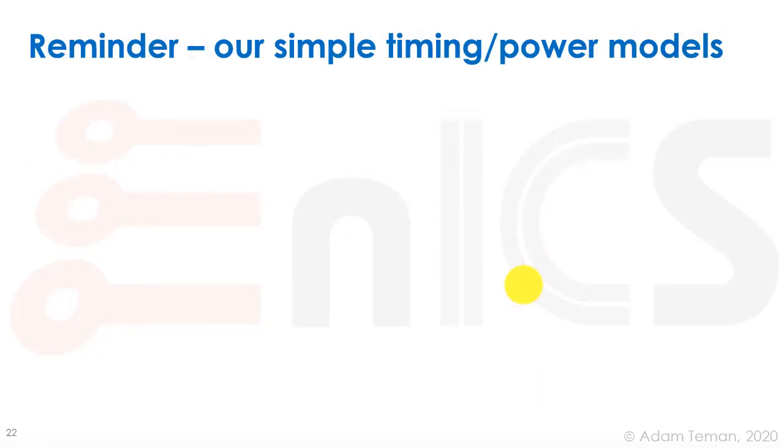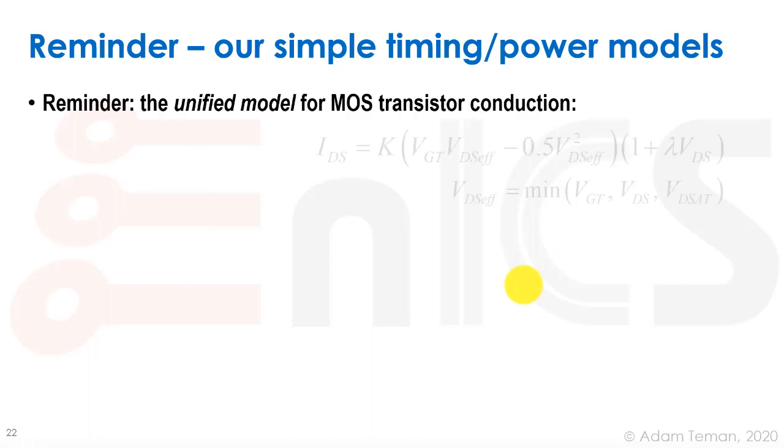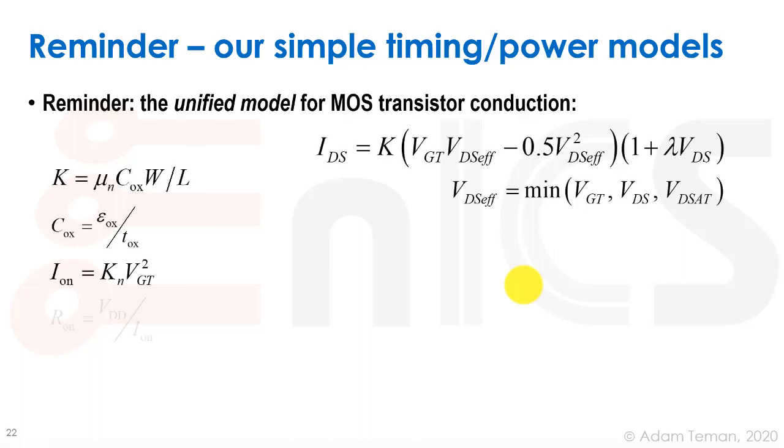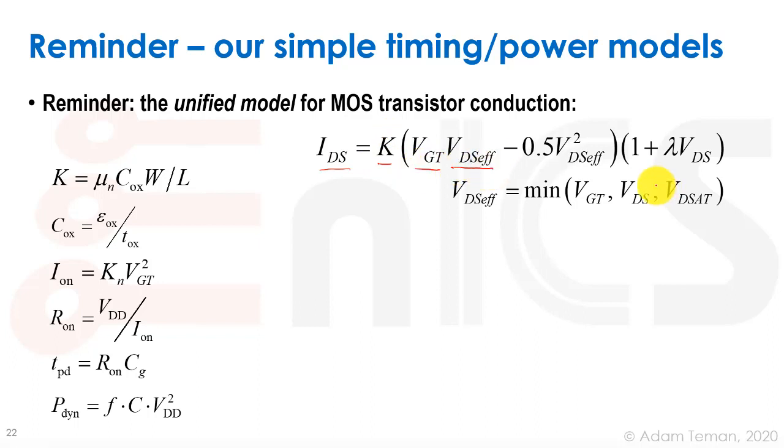To see how our model is going to work, I just want to remind us of our simple timing and power models that we discussed before. The unified model for MOS transistor conduction we wrote down like this. The drain to source current is K, the transconductance, times VGT, that's VGS minus VT, times VDS effective minus half VDS effective squared, times the channel length modulation effect.